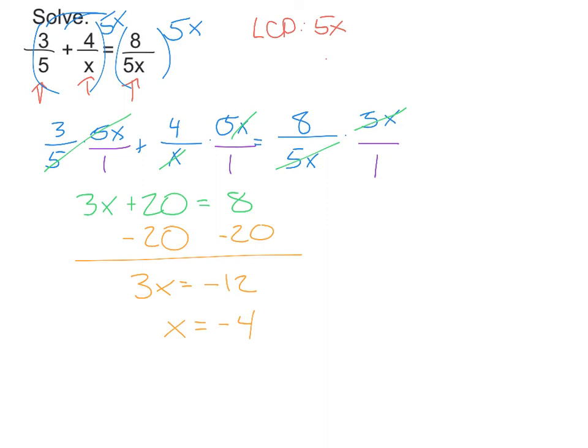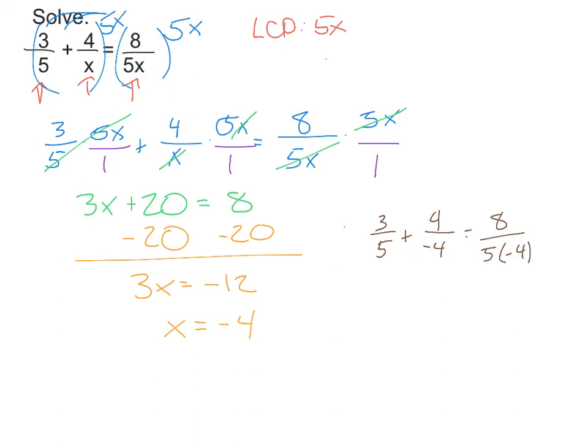And let's go ahead and check our answer. So we have 3/5 plus 4 over negative 4, which is equal to 8 over 5 times negative 4. Now on the left side, I can get a common denominator to make sure that these are equal, which would be a negative 20.